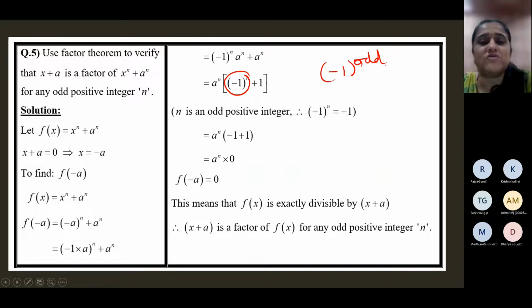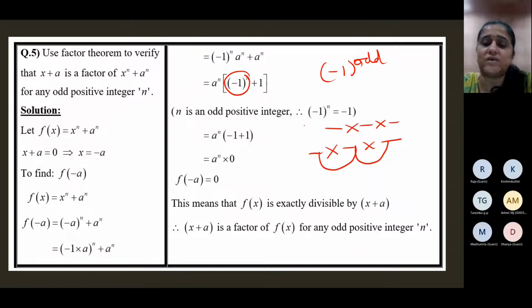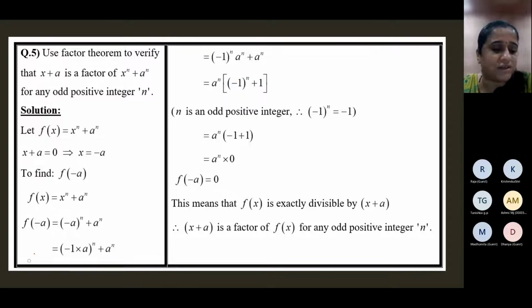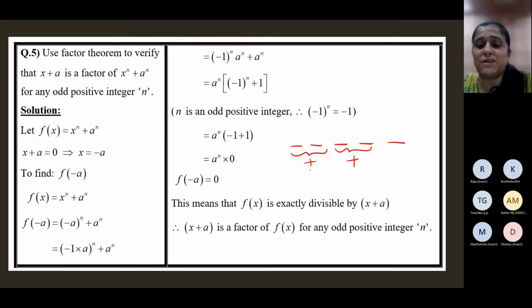So when you have an odd number of minus signs, when you multiply them, you will get a minus. When you have to multiply 3 minus signs, minus into minus is plus, plus into minus is minus. When you have 5 minus signs, 1, 2, 3, 4, 5, these two make a plus, plus into plus is plus, and with minus is minus.